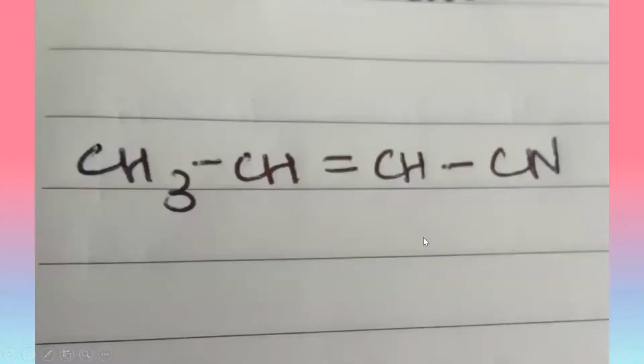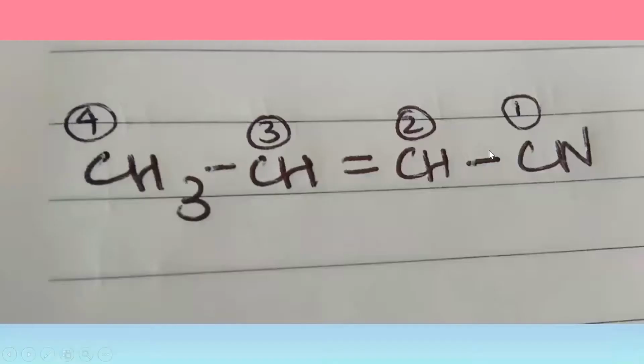So now coming to our next compound here. Here we can see that there is a nitrile group, that is nothing but a cyanide group, present and a double bond present. And we all know that a cyanide group is given more preference than a double bond. So whenever we are counting the parent chain here, we count it in such a manner that the cyanide carbon is also taken into the parent chain. So the allotment of the locants goes from right to left.